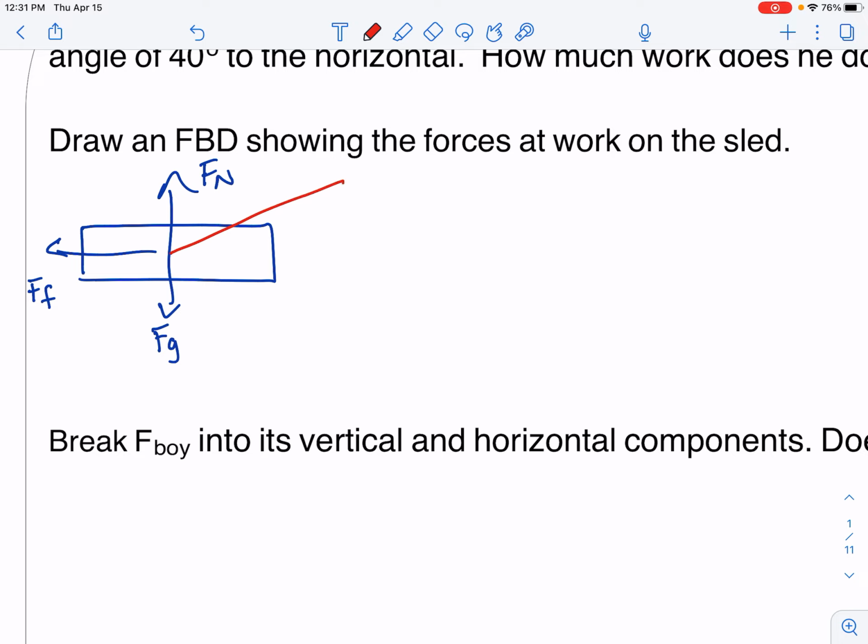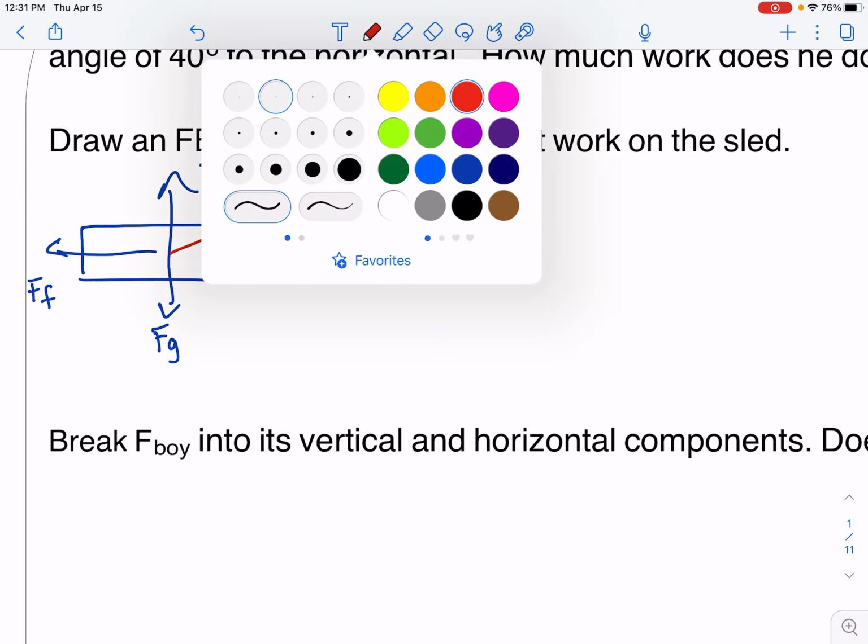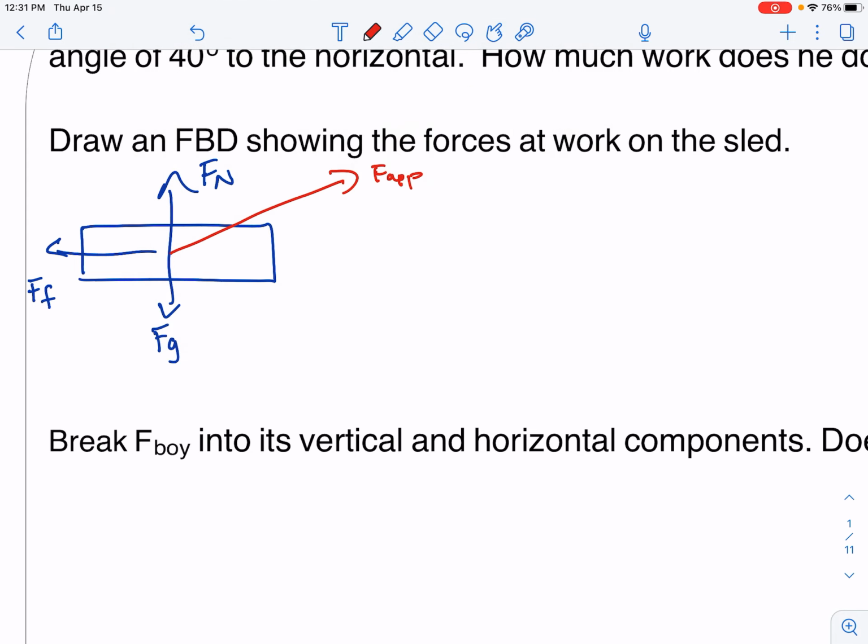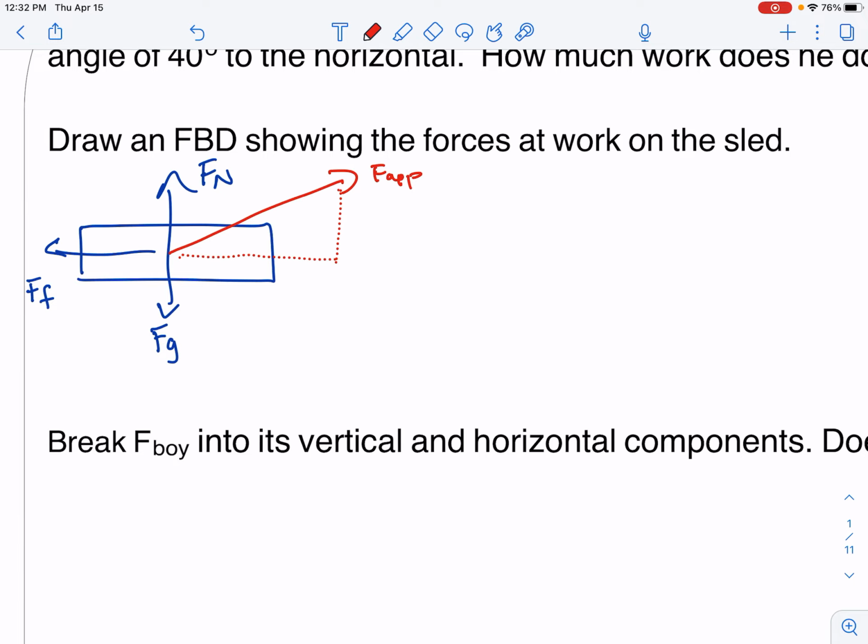And here's the key piece. We have our applied force, and we can break this down into two components, our X and Y components. So we have force in the Y direction and force in the X direction. We are focused on the force in the X direction when we're talking about work.